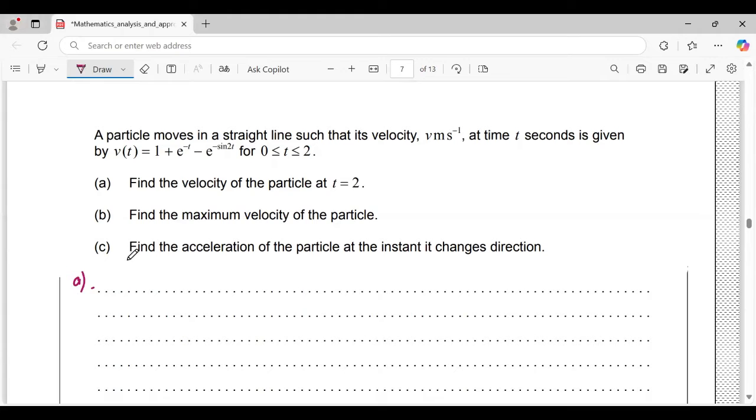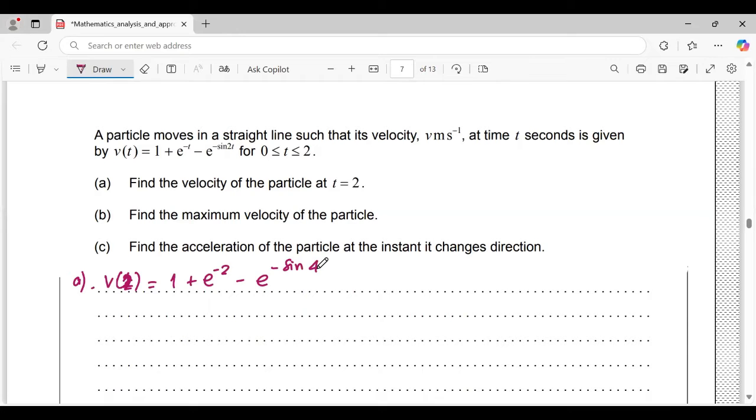So if t equals 2, this function becomes 1 plus e power minus 2 minus e power minus sine 4 radians.